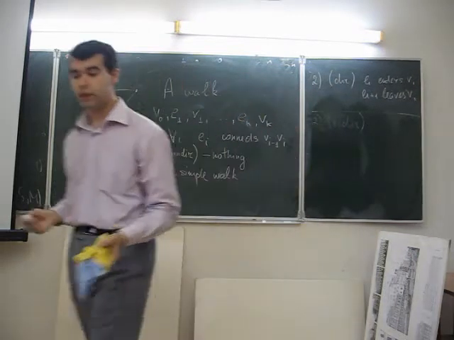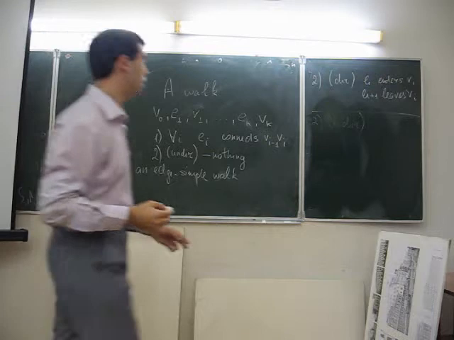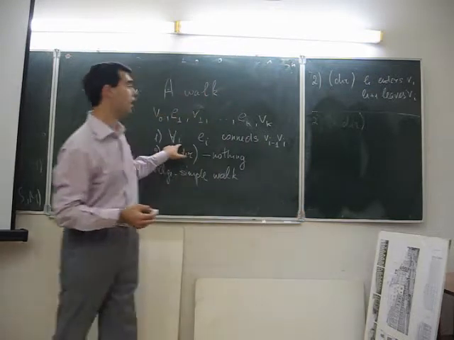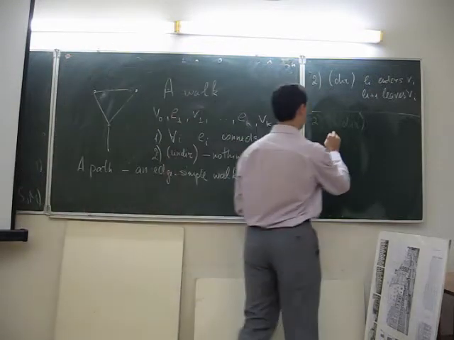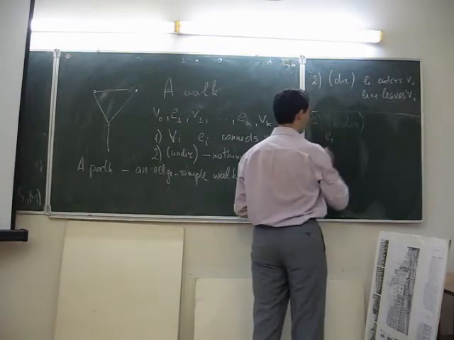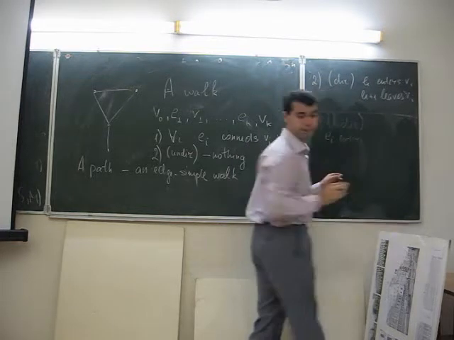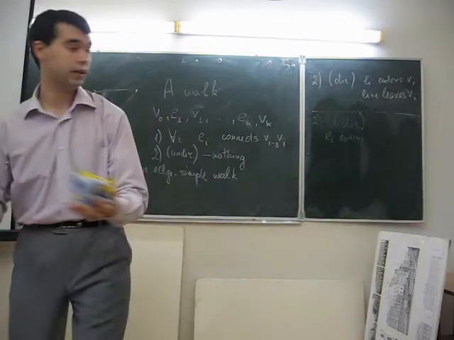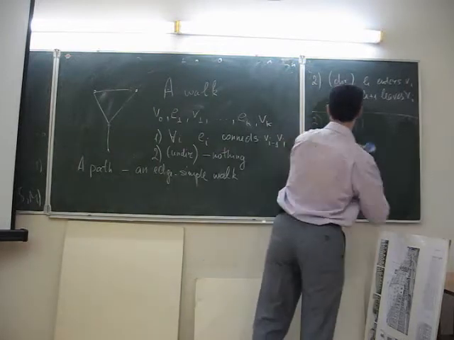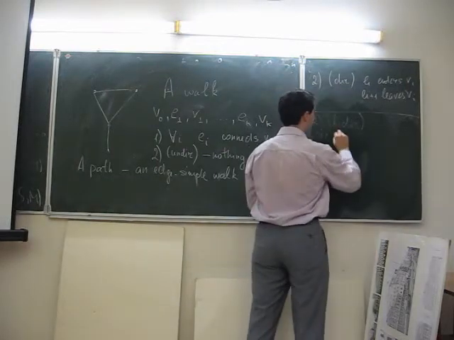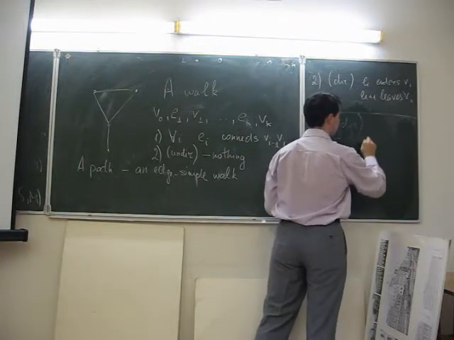We say that for each index i, one of these two edges enters i, and the other one leaves. Sorry, let me write it in a different way.